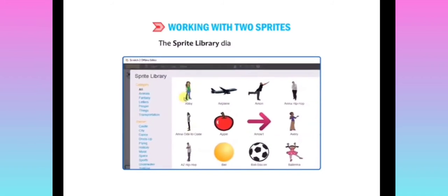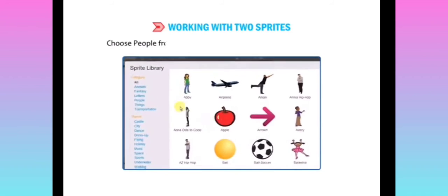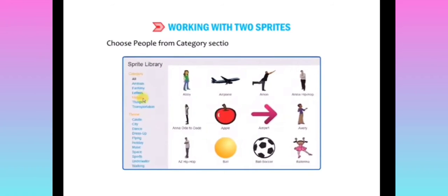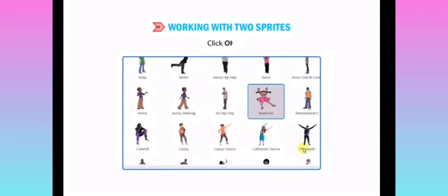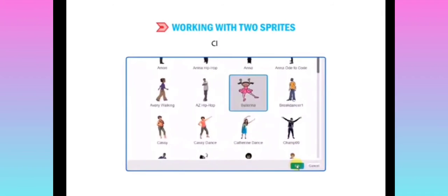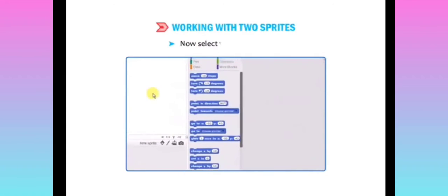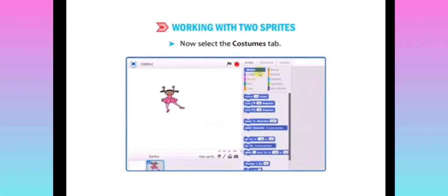The sprite library dialog box will open. Choose people from category section and select the ballerina sprite and click on OK. See. Now select the costume tab.